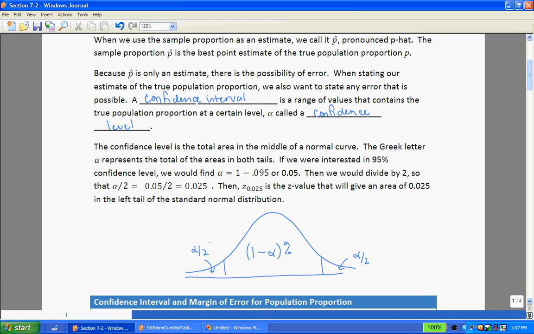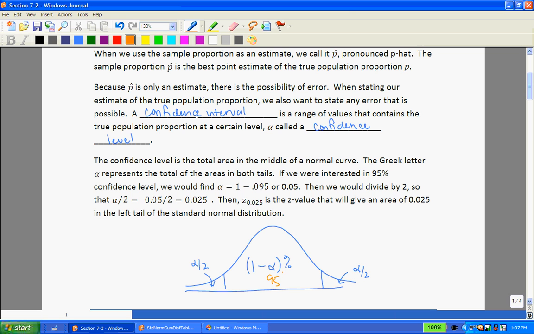So let's say we're interested in a 95% confidence level. That means 95% is right here in the middle, for example. Well, that leaves 5% left over, because remember, our total area under a standard normal curve is 1. Well, it's not 5% on each end, it's 5% total.